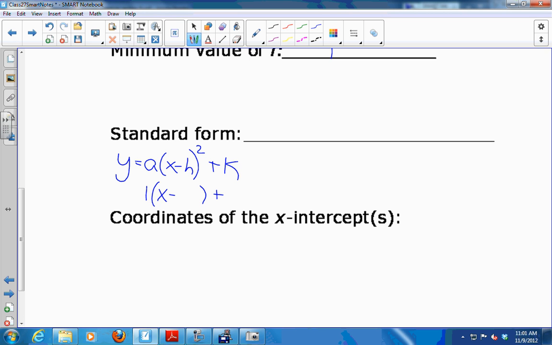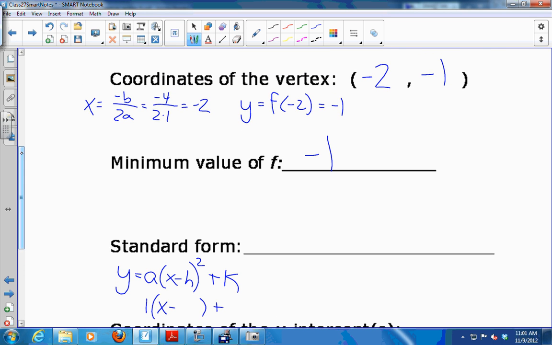So what is h in this case? -2. So I have x minus, then I have to write in my h, which is -2, and then plus k, which is -1. So if I just write it out a little simplified, I get y equals, I'm not going to write the 1 because 1 times anything is just that thing.